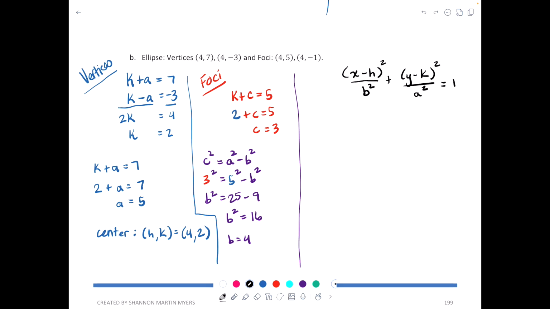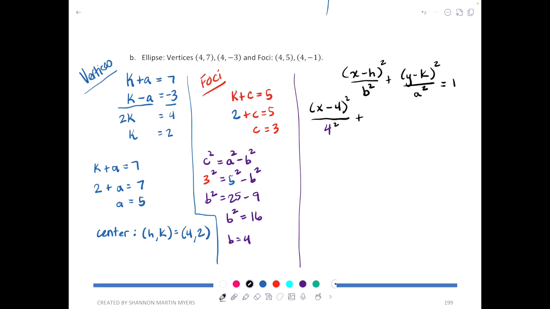Okay, so coming over here and plugging everything in, (x - h) quantity squared over b squared, h was 4. b we found to be 4, right?